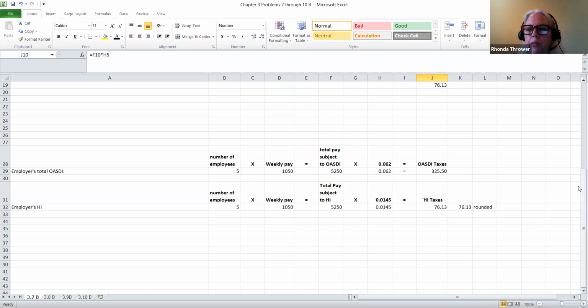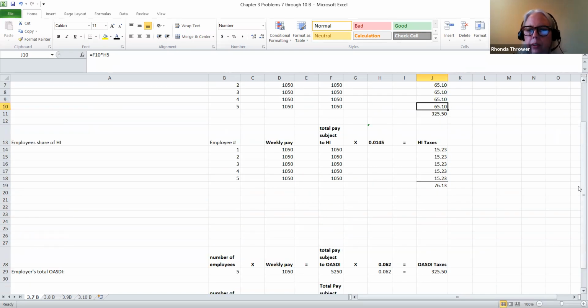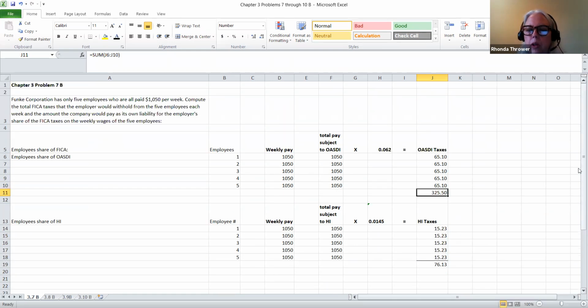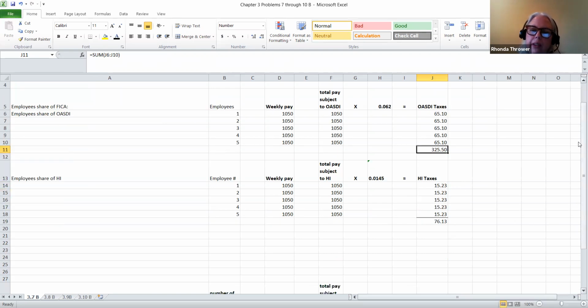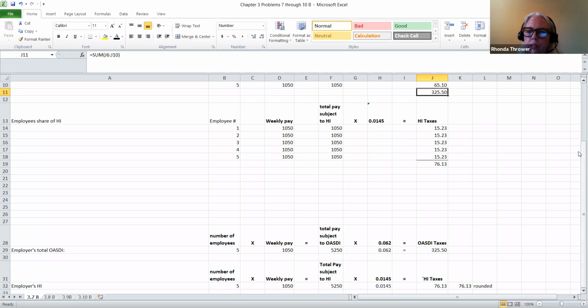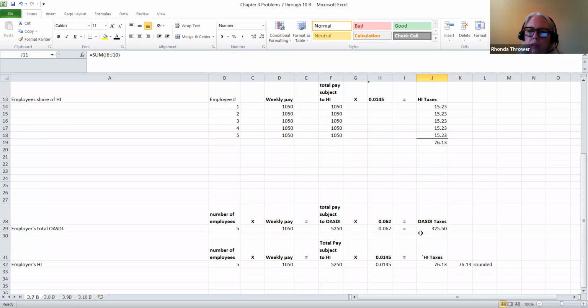And you might remember that sometimes, in this case it didn't happen, but sometimes there might be a rounding error for the difference between these two. So your OASDI taxes for each employee, if you add them all together, the total that all the employees contributed to the OASDI taxes is $325.50. And the employer will match that, and the amount should be really close to $325.50.